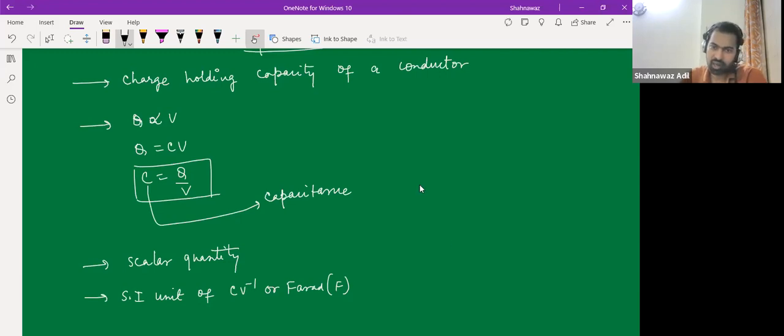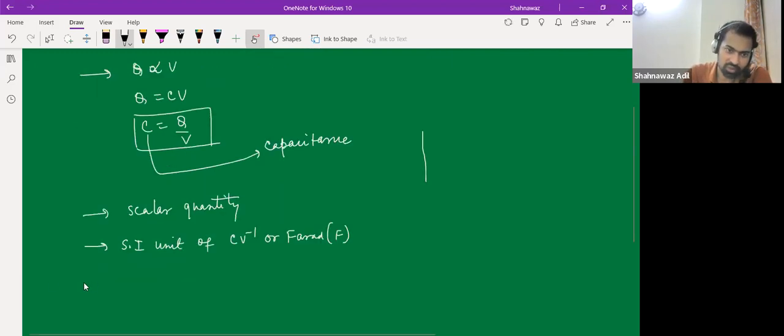And this capacitance only depends on geometry.